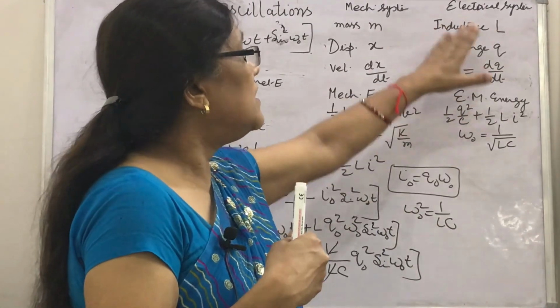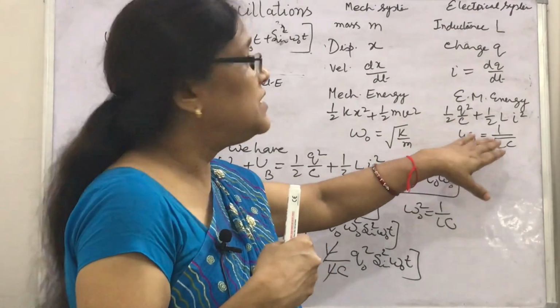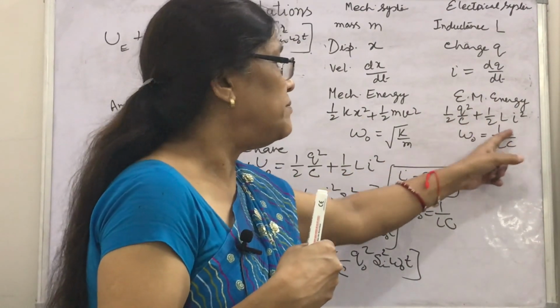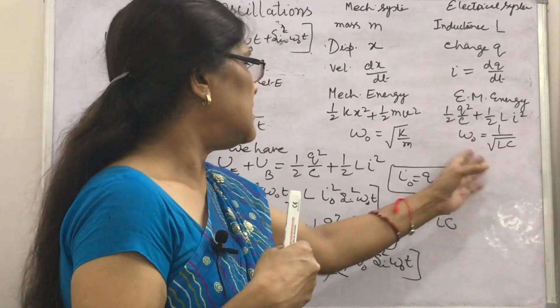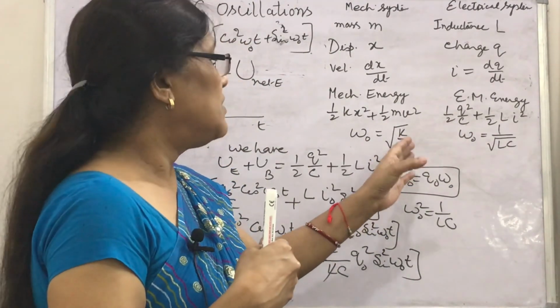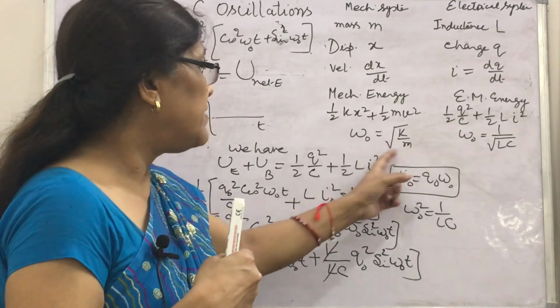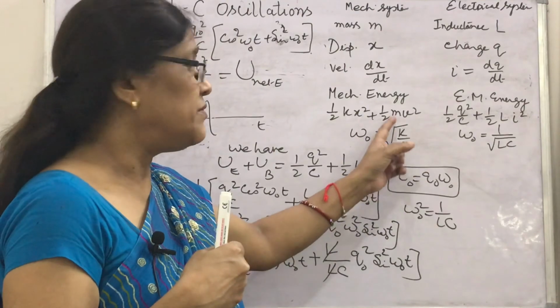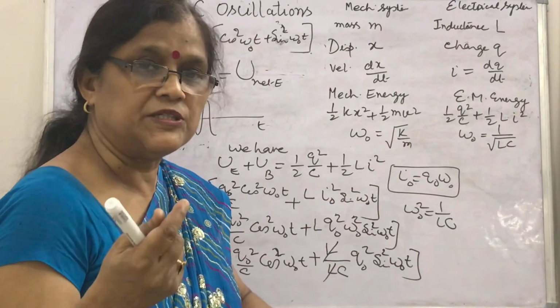In the electrical system, this is the electrical energy and this is the magnetic energy, and these are the expressions for natural frequency. In class 11th you read that the angular frequency is under root k by m in the topic SHM.